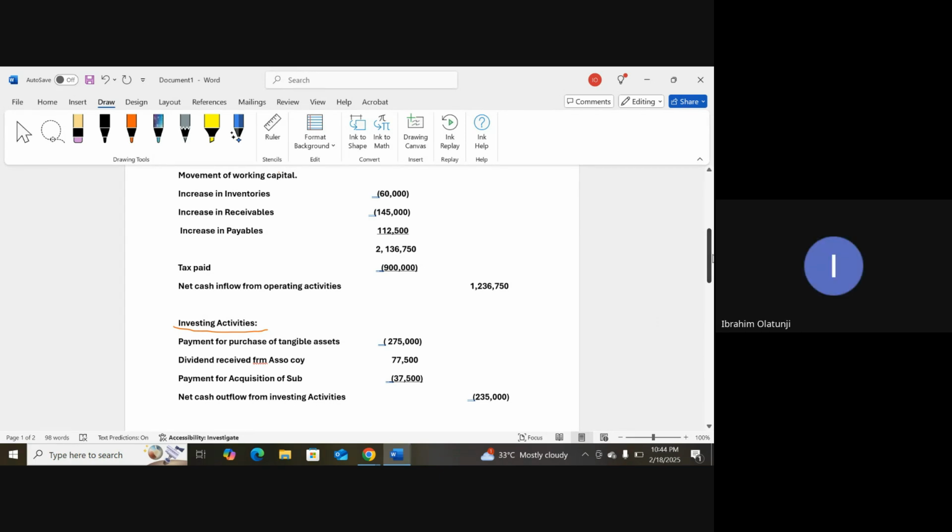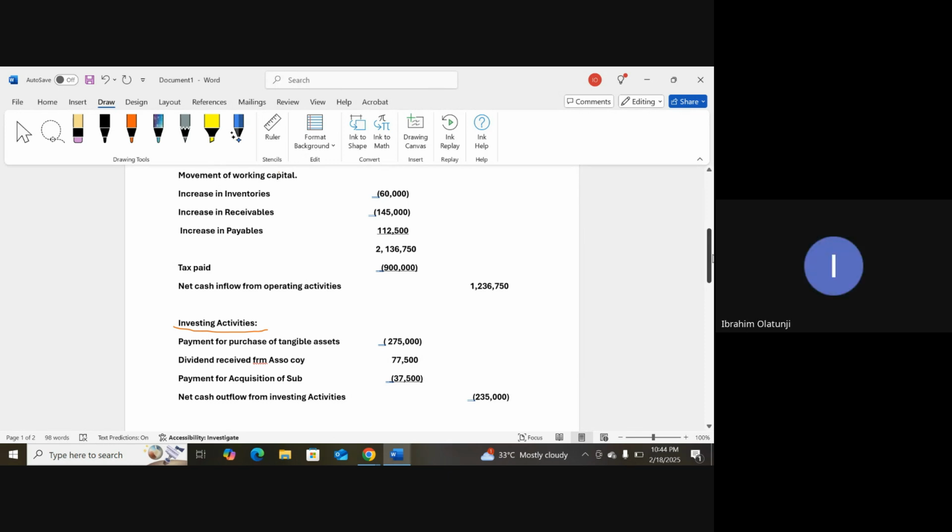Under financing activities, it can be that you want to finance your business, you don't have money, you go to the bank and approach them to give you a loan, meaning you borrow a loan from the bank. That is part of your financing activities, and also repayment of loan.